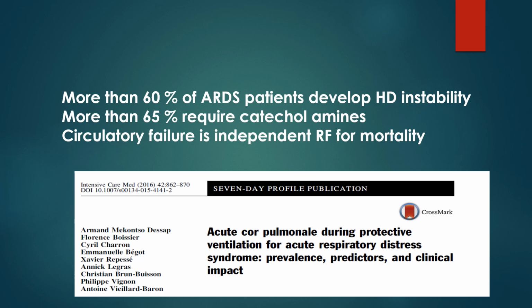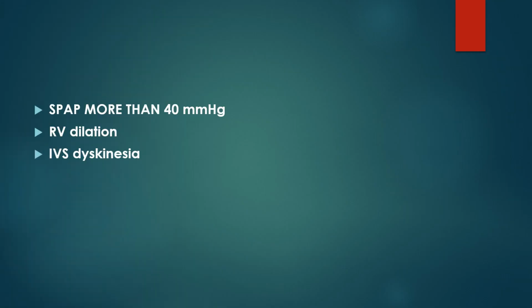And more than 65% of ARDS patients require catecholamine support. In the literature, a lot of evidence shows that the circulatory failure in ARDS is an independent risk factor for mortality. So it's a common problem, and because of ARDS, the impact on the RV causes hemodynamic instability.